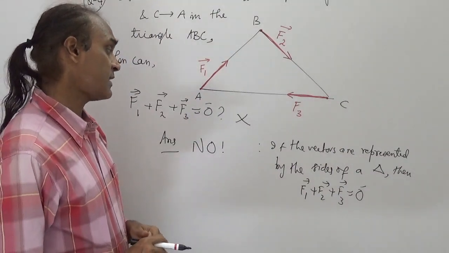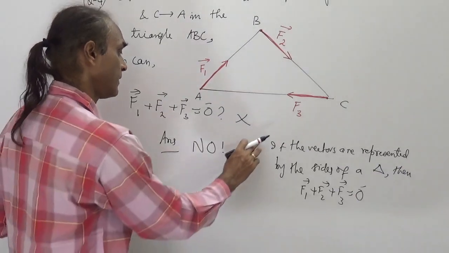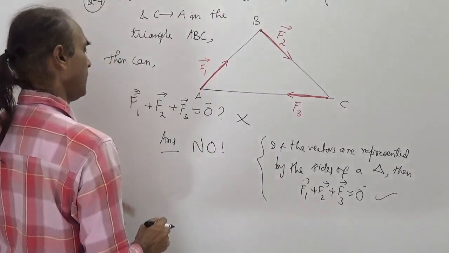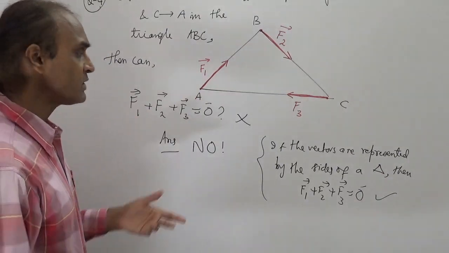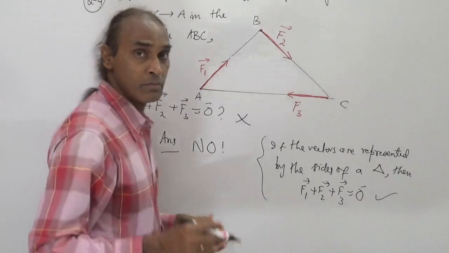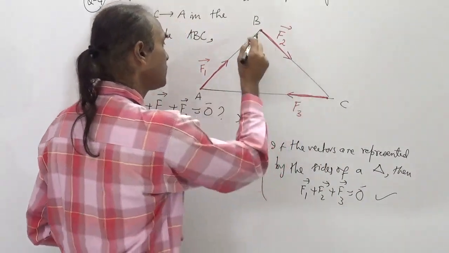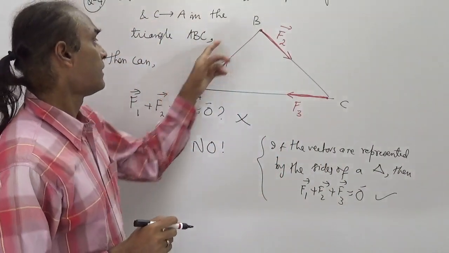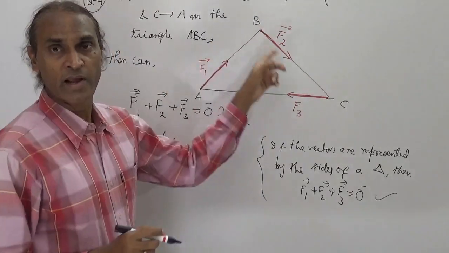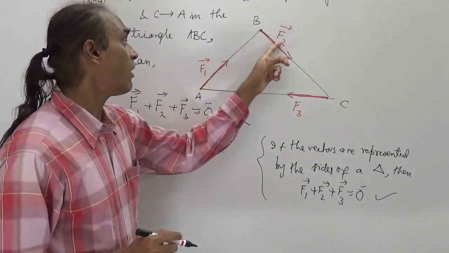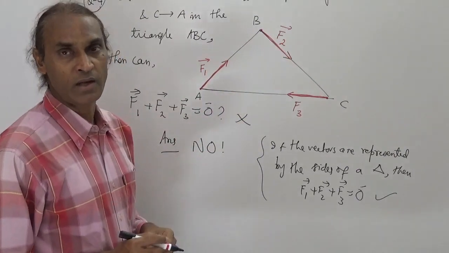Now a question arises. When this statement is correct and this is wrong, what is the basic difference? The basic difference is, here in this case the sides of the triangle do not represent the vectors F1, F2 and F3.